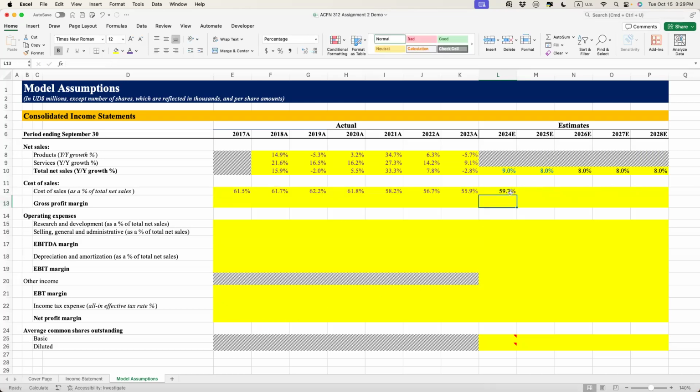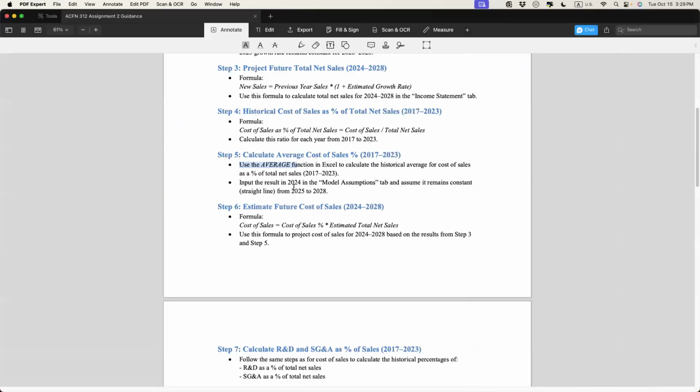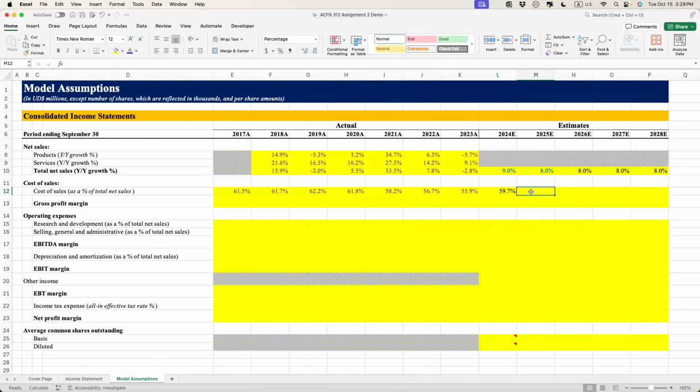That means we project 2024 cost of sales is going to be 59.7% of total net sales. And if we go back here, the question says we're going to input that in the model assumptions tab for 2024 and then straight line that from 25 to 28, meaning that we're going to just keep this the same.